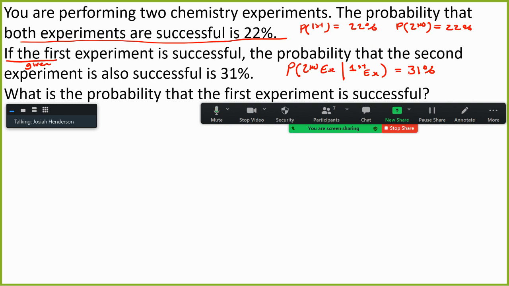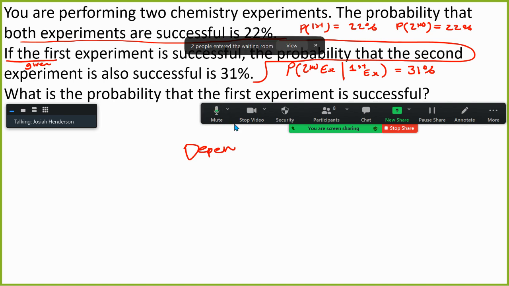It's 31. So because of this middle of the problem, the second sentence here, this is our clue that it is a dependent scenario because of this phrasing. If the first one is successful, the probability that the second is this much, 31. So this is a dependent scenario, and we know how to deal with dependence.